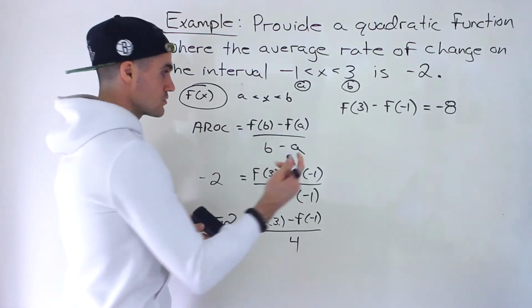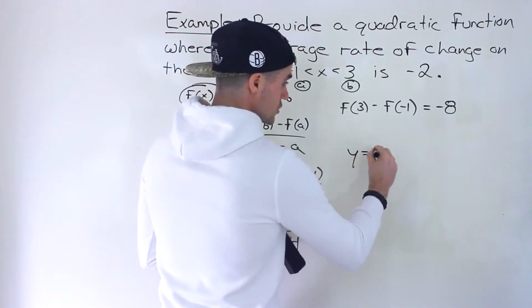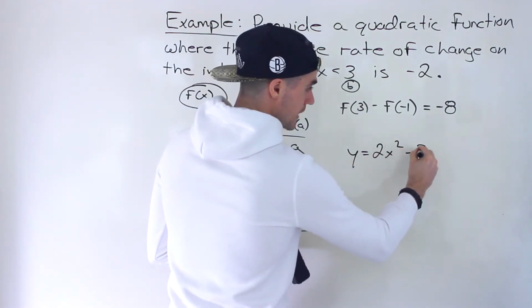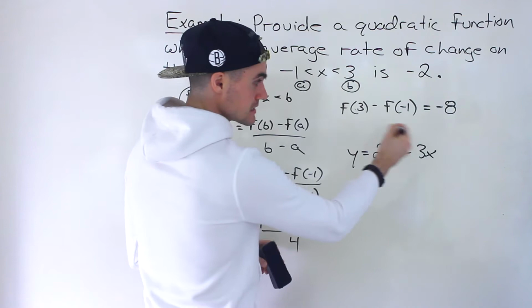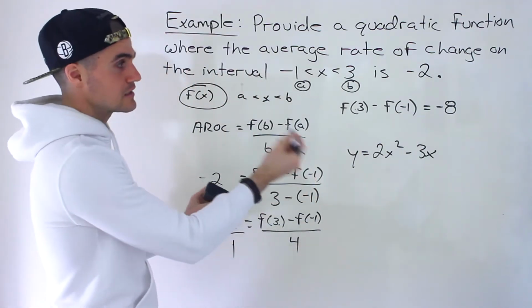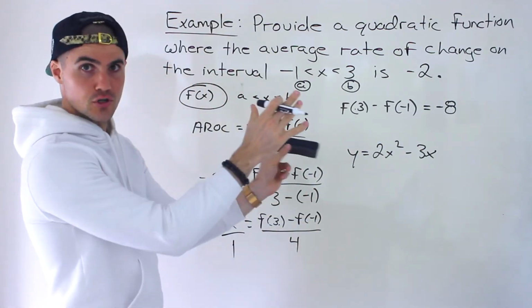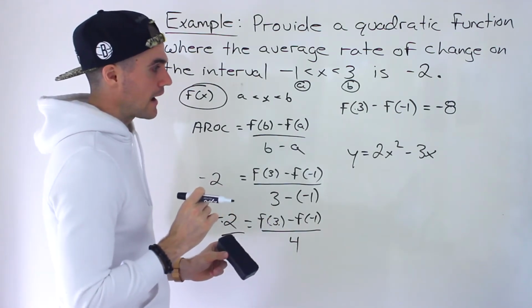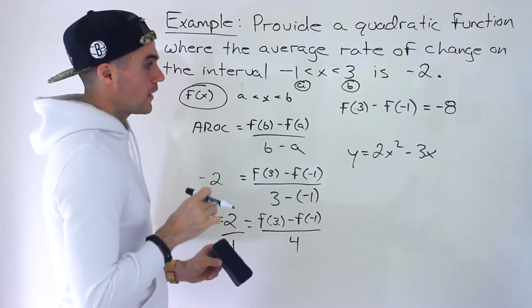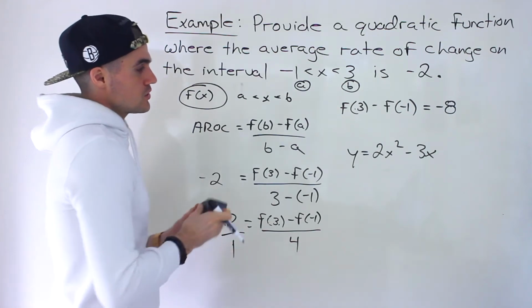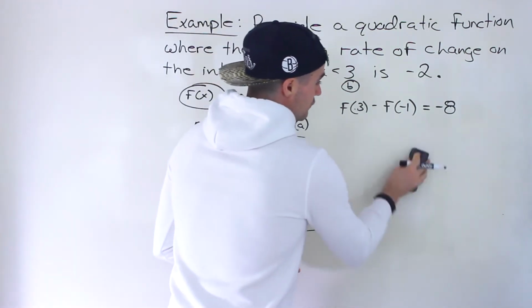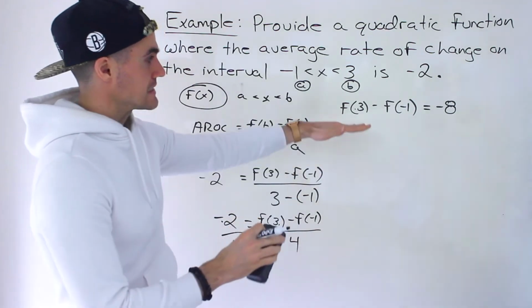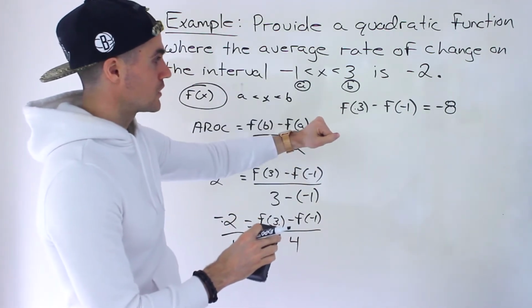I tried to come up with different quadratic functions, like 2x squared, let's say, minus 3x, and then I was plugging this in and seeing the difference, looking for any difference that would bring me closer and closer to -8. I highly don't recommend doing that. It's a losing battle. It's going to take you quite a while. So the question is, how can we find a quadratic that satisfies this over here?